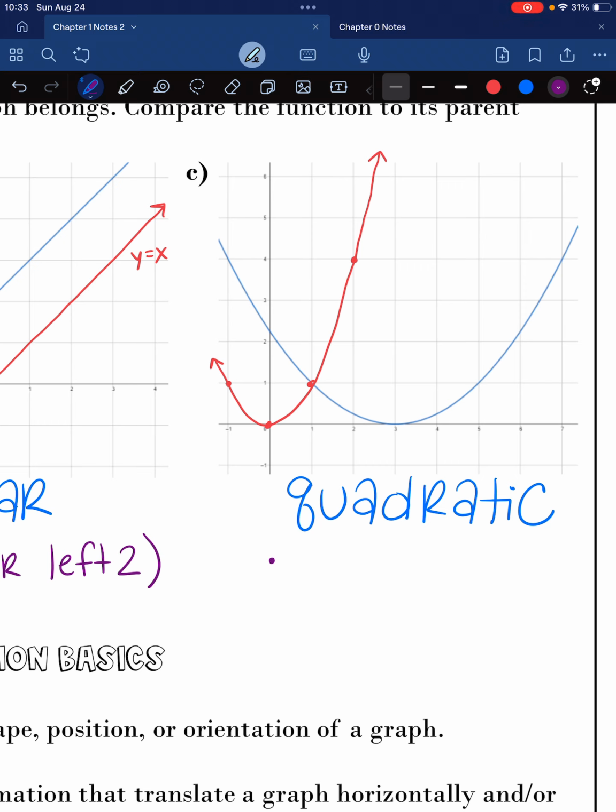Okay, I would definitely say that this graph went to the right 3. And there's two different ways that we could describe what happens here. We can say that it has a vertical compression, which is what I would describe this as.